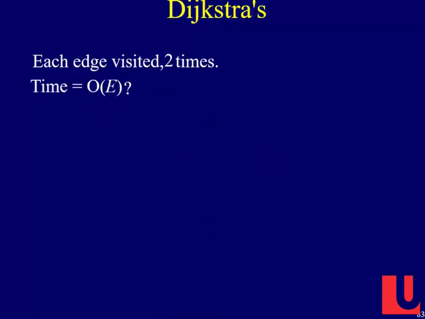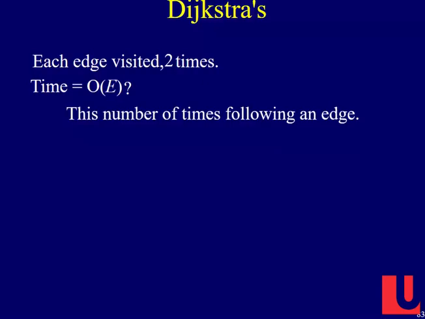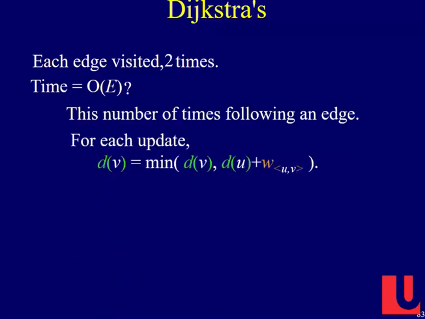And now what's the running time? Any questions about the algorithm? What's the running time? Well, again, every edge gets visited twice, right? But this update rule, you have to think, what's the time to do this update? Well, that's not very big. You just add and take the minimum and move it over.